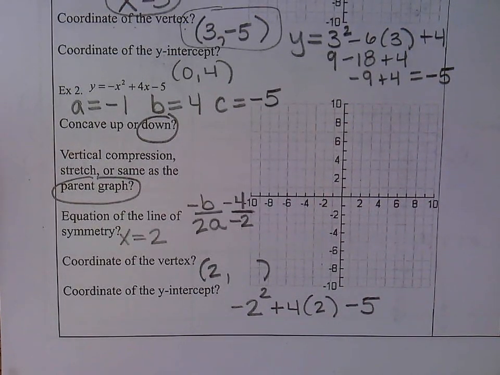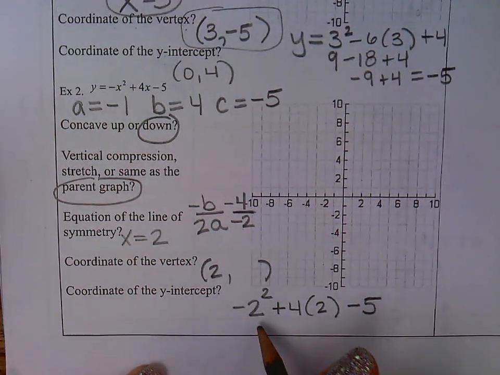What do you do first with order of operations? Remember we said this is really like a -1 right here. So at this step it's really -1 times 2 squared. So you actually do the 2 squared part first, then multiply by -1. So you still get -4 at that part.